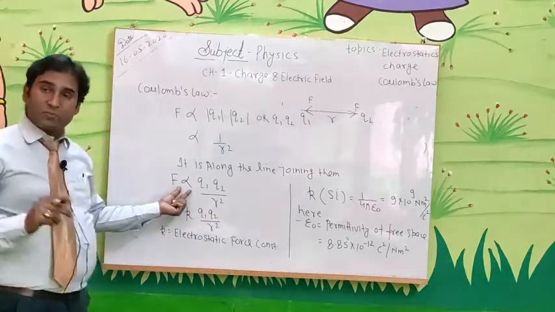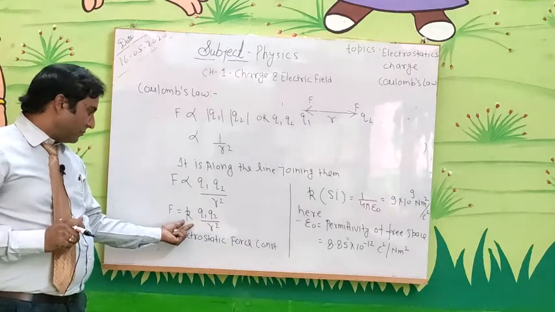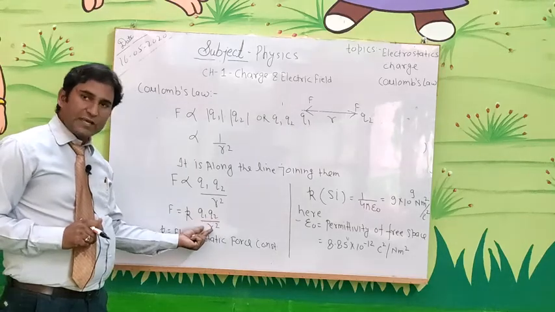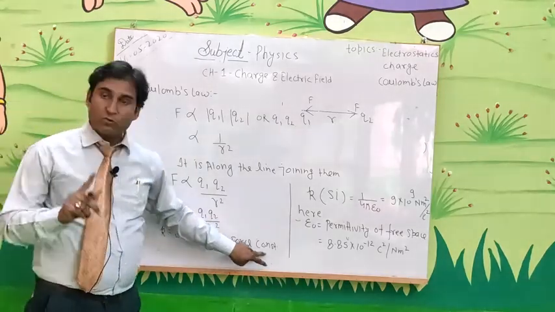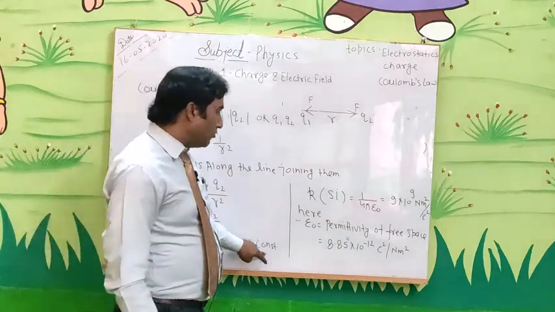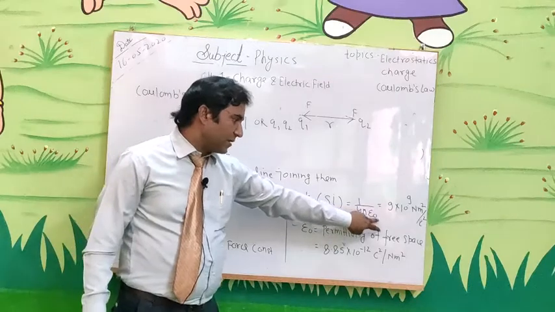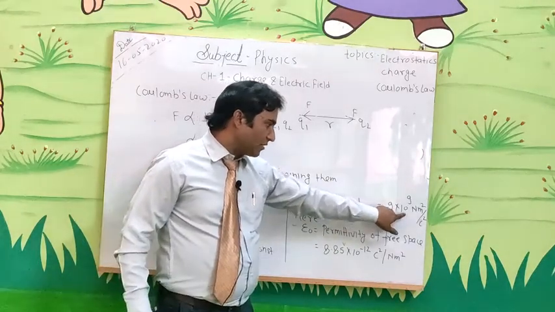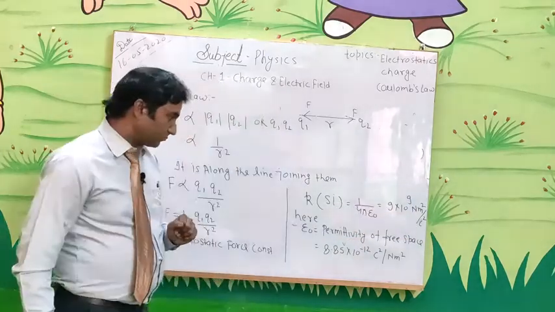If we replace this proportionality sign, then there will be a constant of proportionality. So F equal to constant K, Q1 into Q2 upon R square. Here K is named as the electrostatic force constant. The value of K in the SI system is equal to 1 upon 4 pi epsilon naught, which gives the numerical value 9 into 10 to power 9 Newton meter square per Coulomb square.